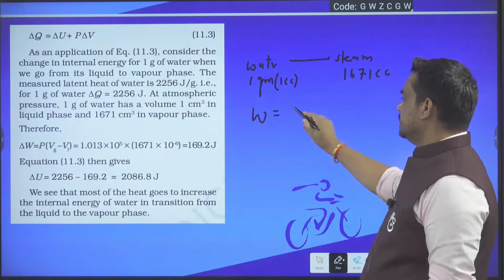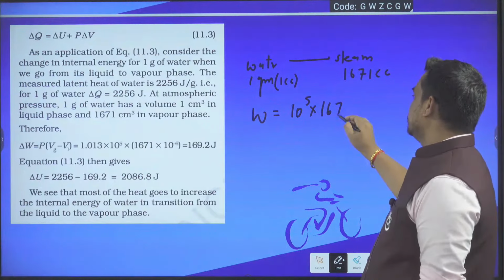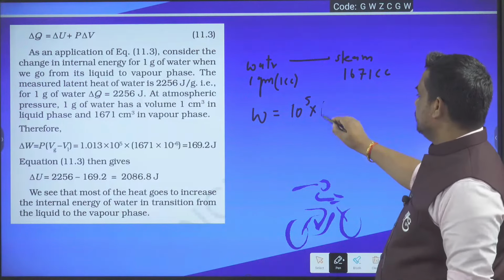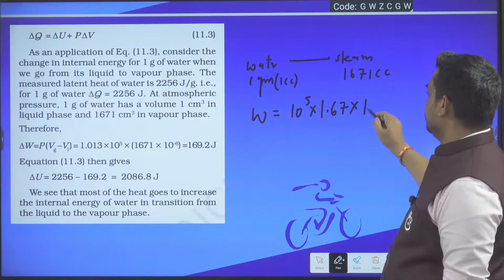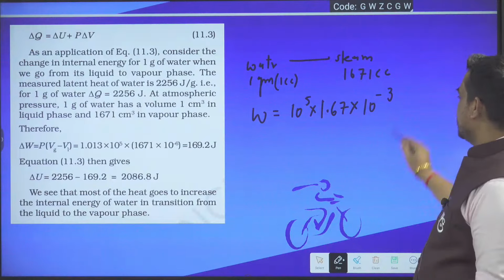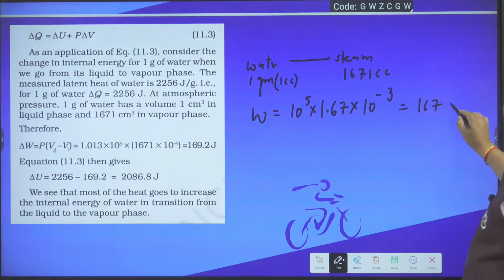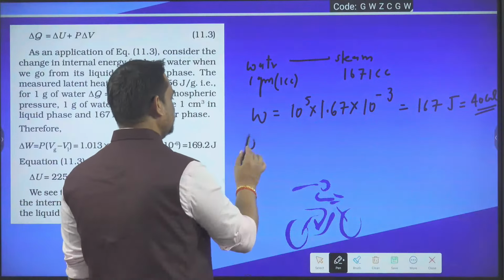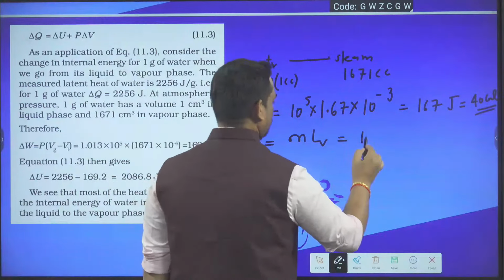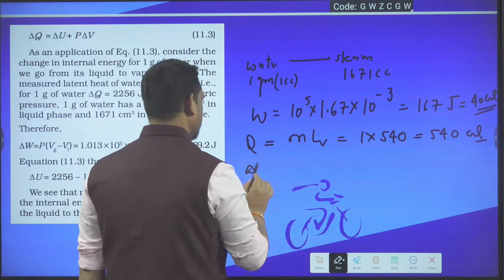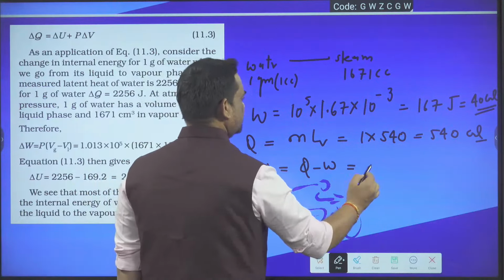Here 10 power 5 times 1.67, because it is in cc, so 10 power minus 6... this becomes 167 joule, which is about 40 calorie. This is the work done. Then we can find Q. Q is simply m L_v. m is 1, L_v is 540, so this becomes 540 calories. So delta U, which is Q minus W, is about 500 calorie.